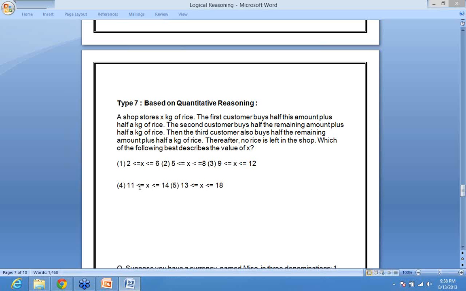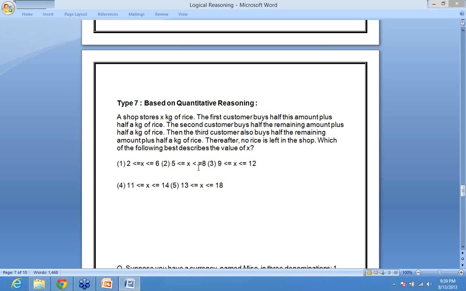getting a 0, right? So if we pick up say 7, the first customer buys 3.5 kg rice plus half kg more. So the first customer buys 3.5 kg plus half kg, that means 4 kg, and 3 kg is left. The second customer will buy half of 3, that is 1.5 kg, and half more, that is 2 kgs, and 1 kg would be left, right?